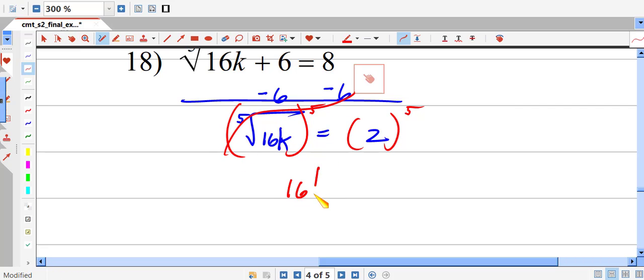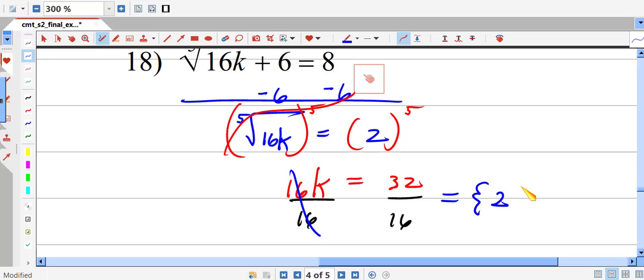I'm going to get 16k equals, now 2 to the fifth power is 2 times 2 times 2 times 2 times 2. I think it ends up being 32. All right, and then lastly, I divide by 16. That gives me k is equal to 2. And that's my solution.